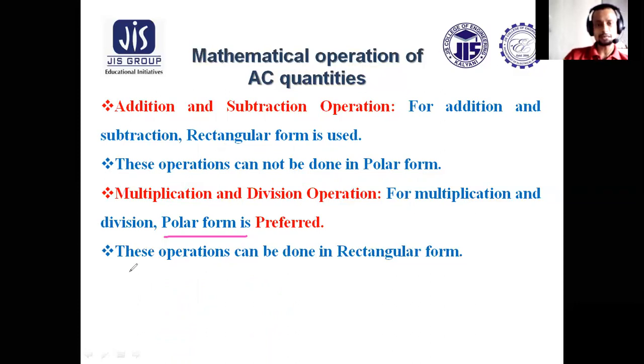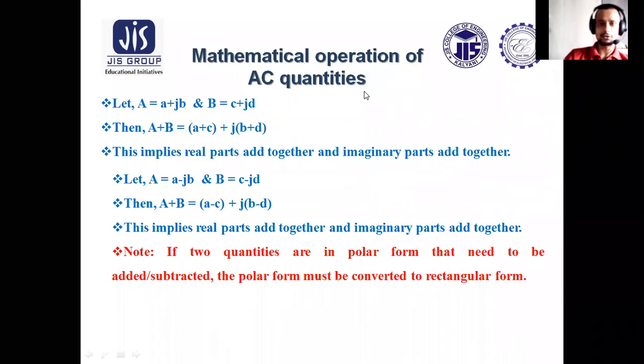Both operations can be done in rectangular form, but it is always preferred to perform them in polar form. That is why if two quantities are to be multiplied in rectangular form, first convert them into polar form and then multiply or divide them. So now let us discuss the rules associated with multiplication, division, addition, and subtraction.